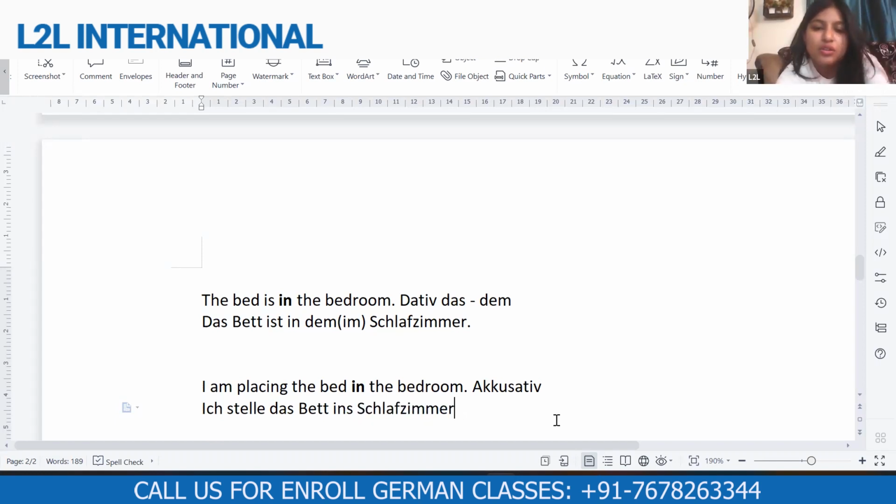So we saw two sentences with in, but the only difference is that one is with dative, the other one is with accusative. We didn't change this das to dem because as we know in accusative, das doesn't change.